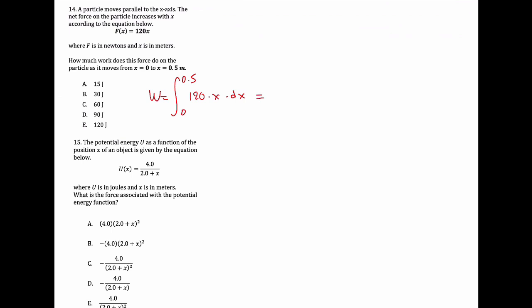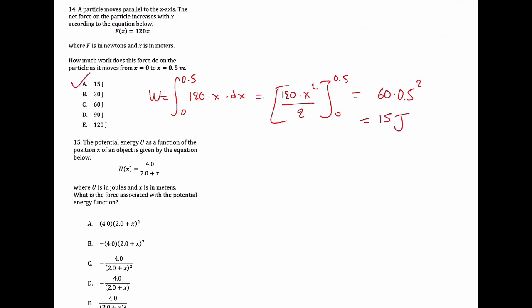We can try to do this without a calculator. So 120 times x squared over 2, and replace 0 and 0.5. So 60 x squared, so 60 times 0.5 to the power of 2 minus 0. So 30 times 0.5, so 15 joules.